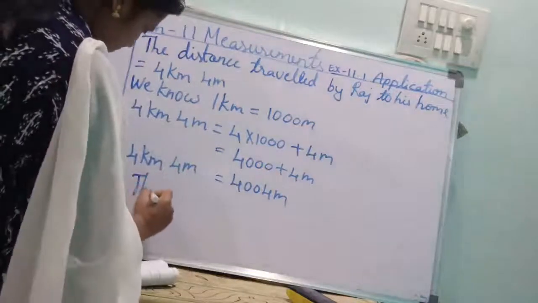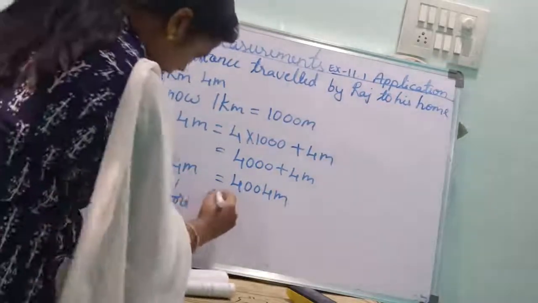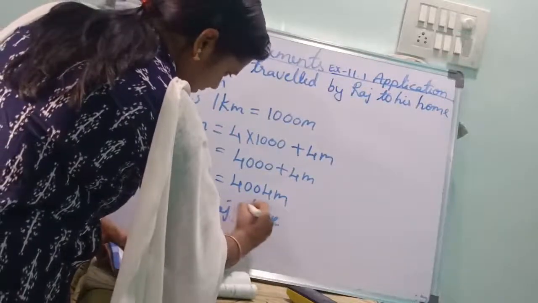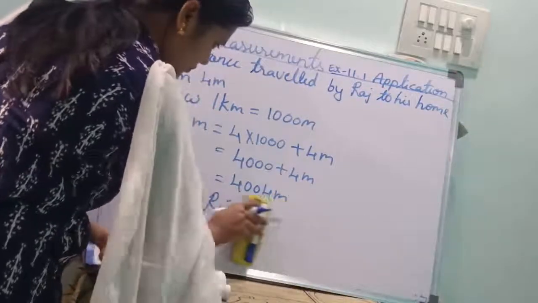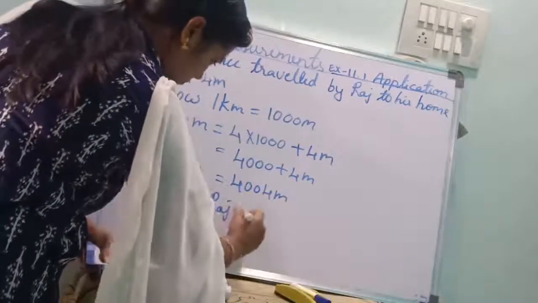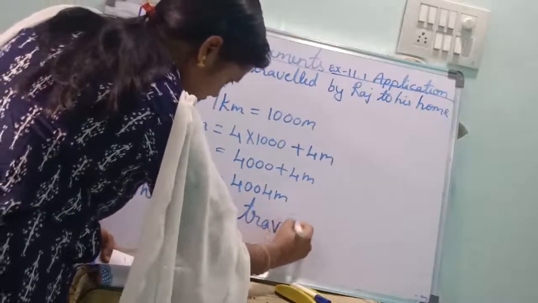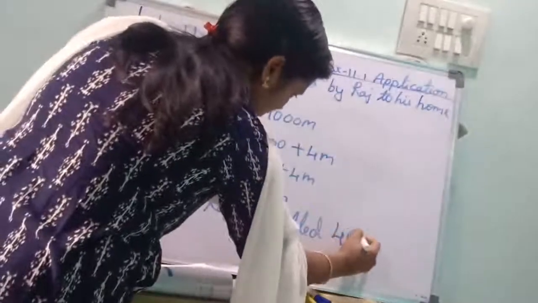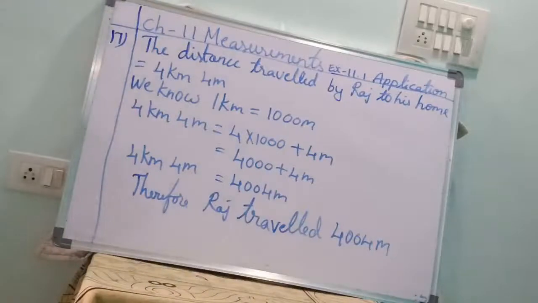Therefore, Raj travelled 4004 meters. Understood?